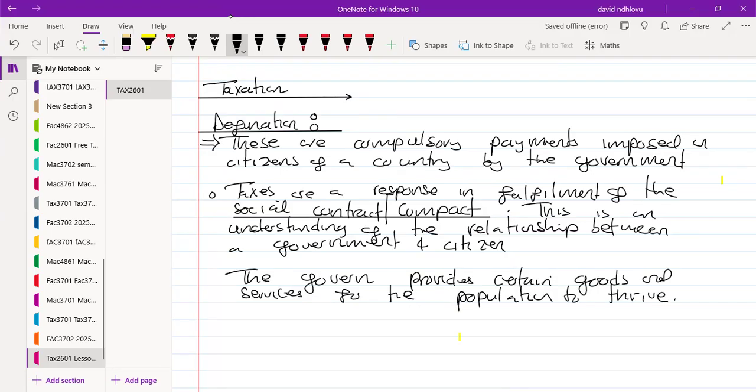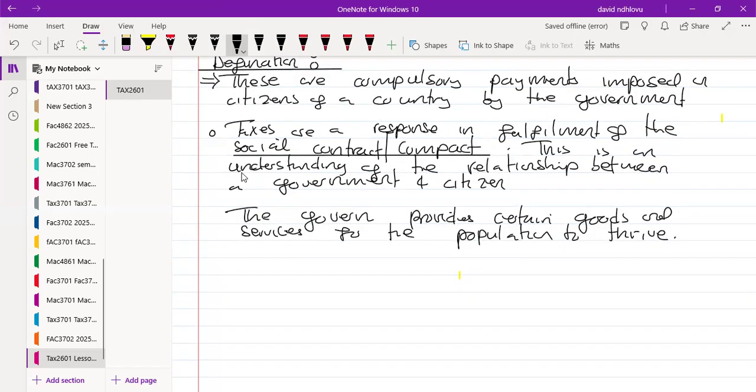So the government is responsible and expected to create a certain environment that will allow the citizens of a particular country to survive and also to thrive. Examples: security. The government should see to the security of a society. You will have the police, you will have the different arms of the law establishment, like the army, the police, and what have you.